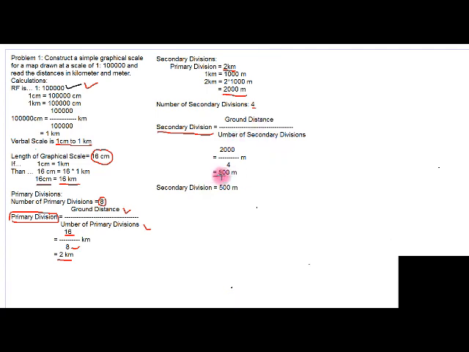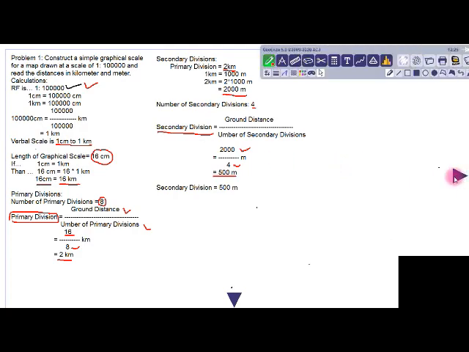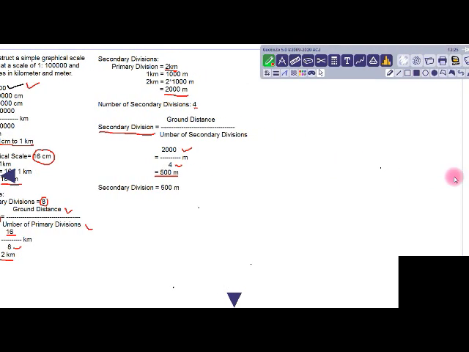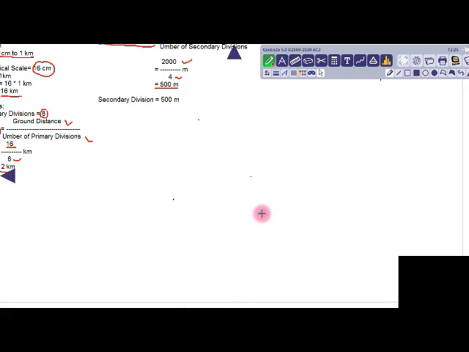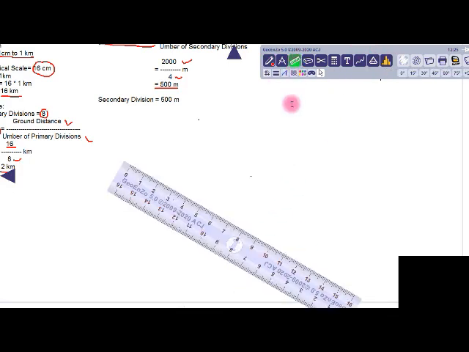To find one secondary division, 2000 meter divided by 4 divisions is equal to 500 meter, and that is why one secondary division is equal to 500 meter. This was explained in the previous video also. So let me go for the construction of the graphical scale.